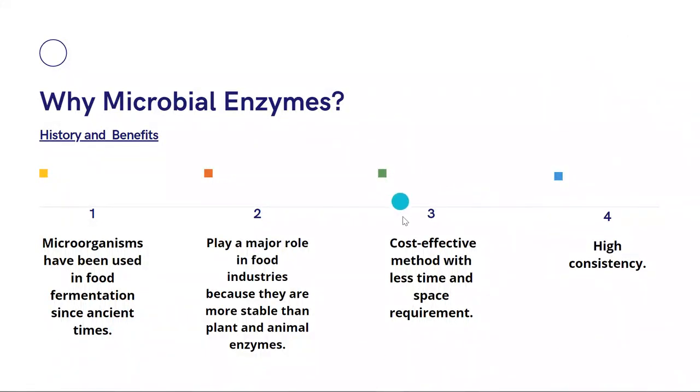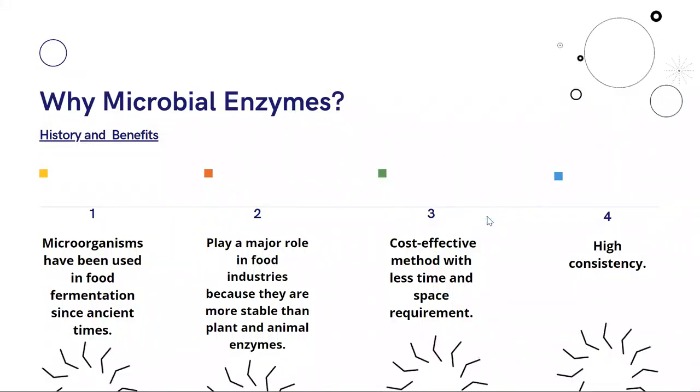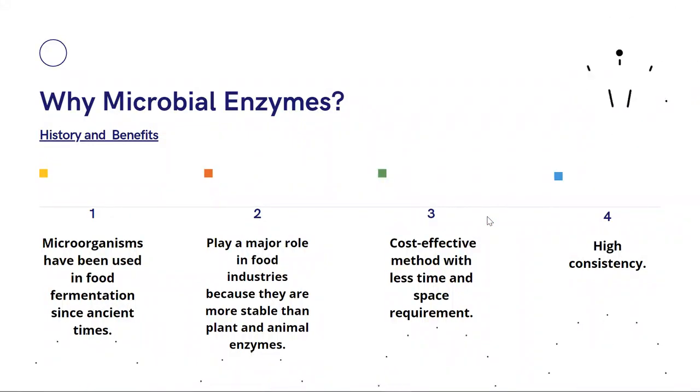Not only this, if you see the third point, enzymes are also a cost effective method with less time and space requirement. Definitely, guys. As I assume, since you all are science students, you would have worked in your lab with microbes, right? You would have done microbial plating and all that stuff.